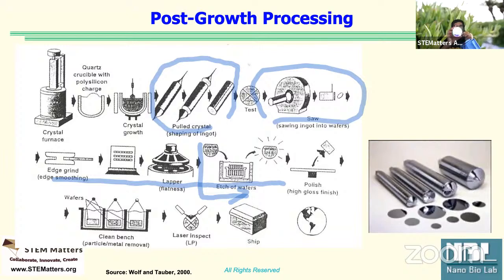So here's the silicon wafer. Let me switch off my background so you can see how it actually would be. All right, so you can see it's very shiny. And it's very thin. It's 0.5 millimeter thin.